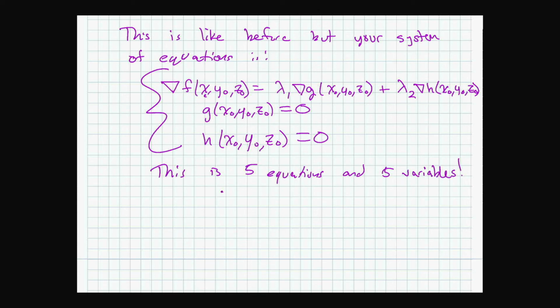You have x, y, z, and then your other two variables are lambda 1 and lambda 2. Even though you don't care about them, just like the previous problem, you still might have to find them. So let's try one, see how it goes.